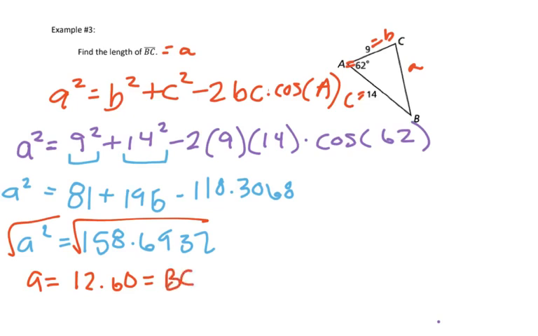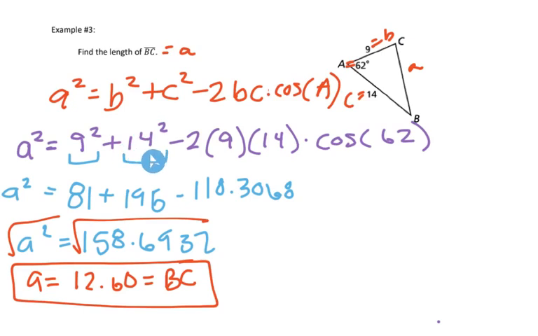And again, that's the length of BC. Alright, so kind of a lot, but of course we take it in sections. So we've got this piece, then this piece, then this piece, which again is big, but it's still just one multiplication row.